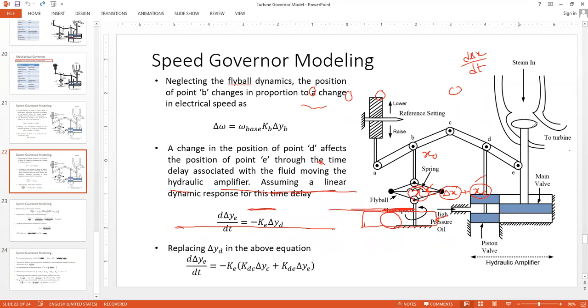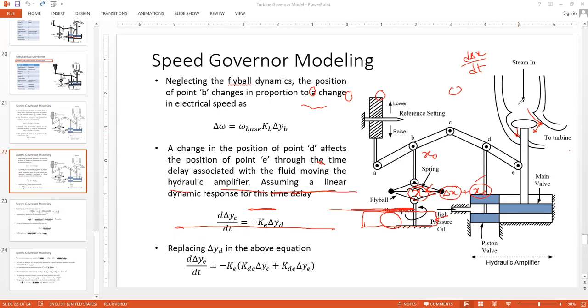So to increase the steam flow or steam valve position or steam flow input to the turbine, this has to come down. If this comes down, ultimately probably at this point, it will get stuck. So it cannot go beyond this point. So there is a maximum opening possible. There is a maximum possible opening for the steam valve.